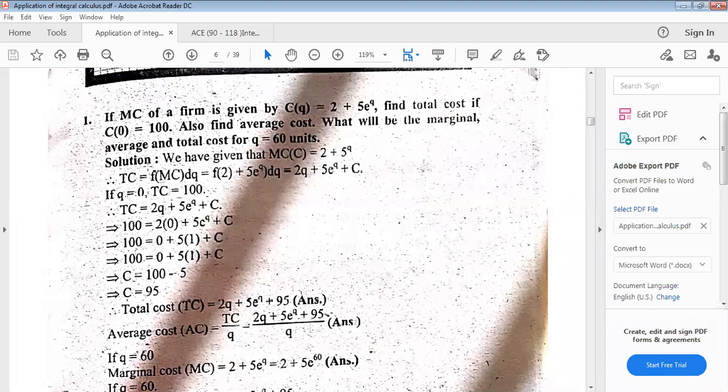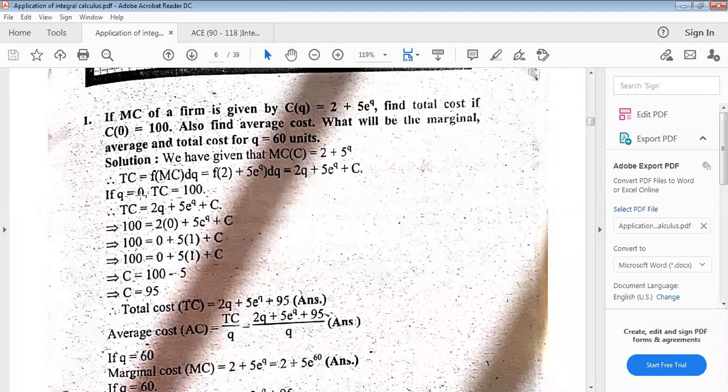Now the total cost will be, taking integration of marginal cost with respect to Q. Now integration of 1 will be Q only, so 2Q, plus 5 into e to the power Q. The formula for e to the power Q integration is e to the power Q, then plus C is the constant actually.